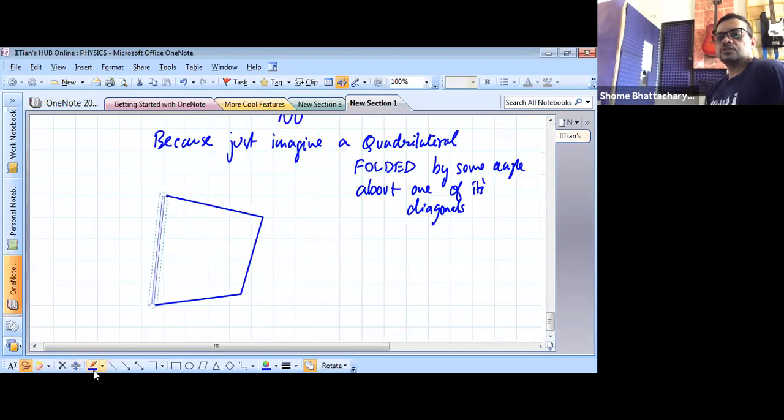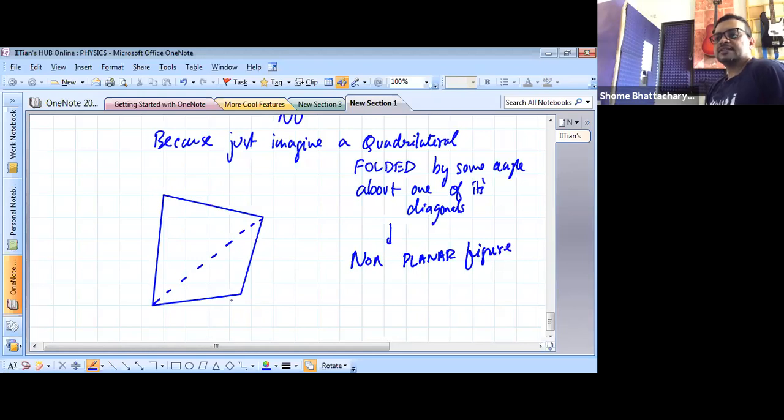and now what you do is you fold it about one of these diagonals. So if you fold it, it becomes a non-planar figure.